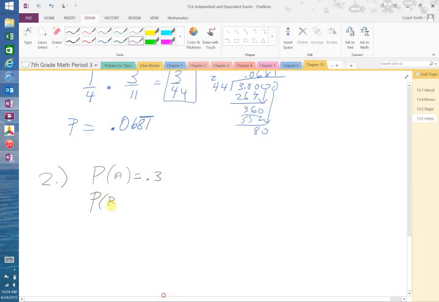Probability of B is equal to 0.7. So for an independent event, you simply multiply the two probabilities together. When you multiply 0.3 times 0.7, that's 0.21. So the probability of A and B equals 0.21.